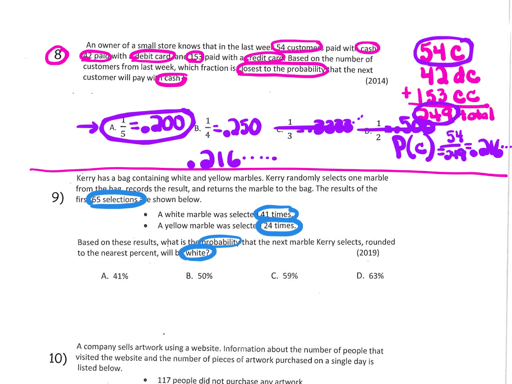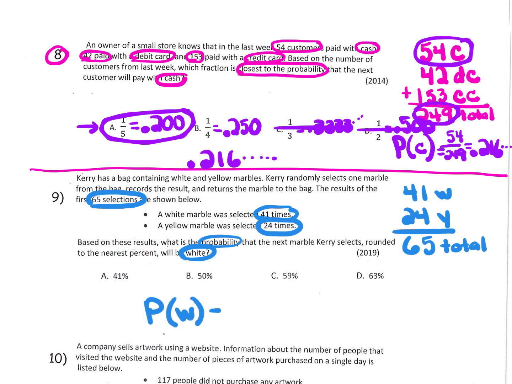Round the percent to the nearest whole percent. Again, let's make a list off to the side. 41 times we saw a white being selected, and 24 times we saw a yellow being selected. That's a total of 65. When it comes to probability, remember it's part over total. So what's the probability of getting a white marble?